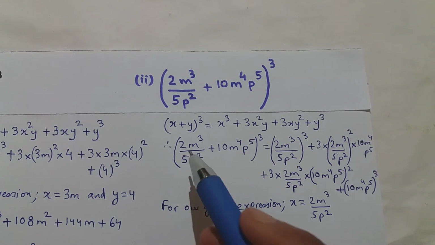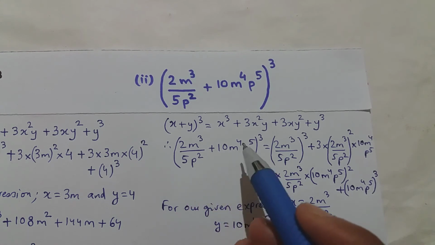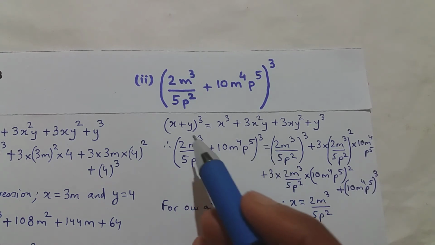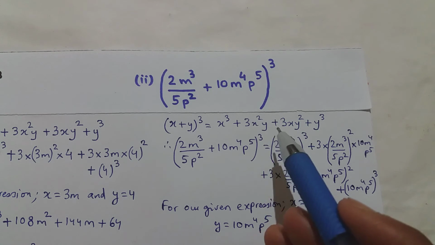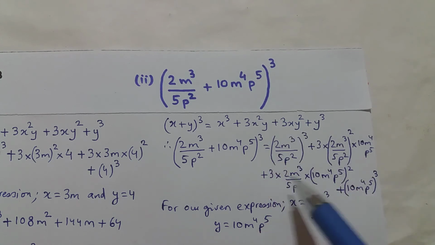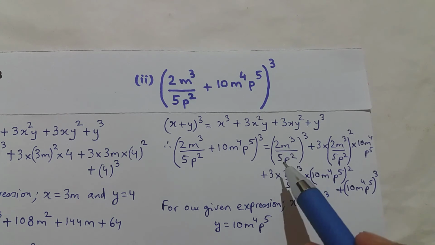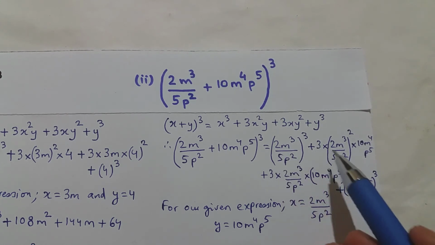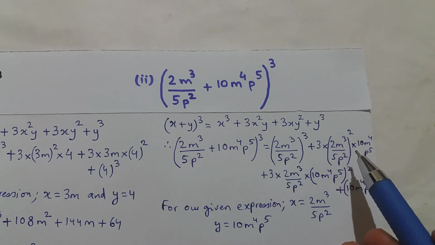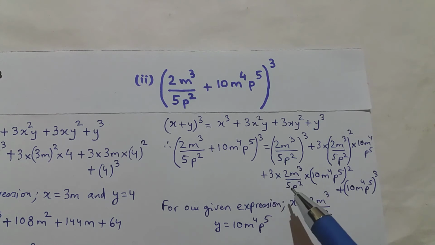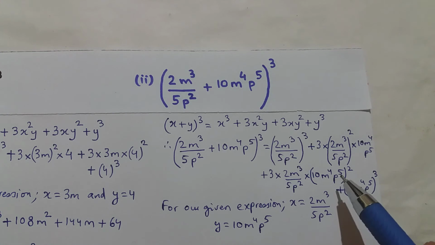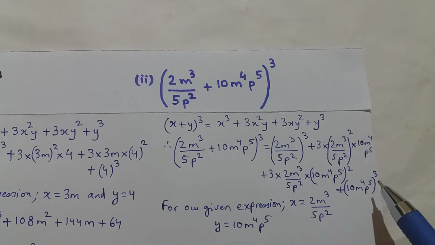So therefore I have expanded our given expression, which is 2m cube upon 5p square plus 10m to the power 4 p to the power 5 whole cube, using the algebraic identity x plus y whole cube is equal to x cube plus 3x square y plus 3xy square plus y cube, and I have got 2m cube upon 5p square whole cube plus 3 into 2m cube upon 5p square whole square into 10m to the power 4 p to the power 5 plus 3 into 2m cube upon 5p square into 10m to the power 4 p to the power 5 whole square plus 10m to the power 4 p to the power 5 whole cube.